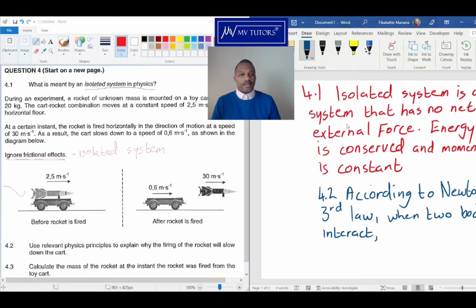they apply forces to one another that are equal but opposite.